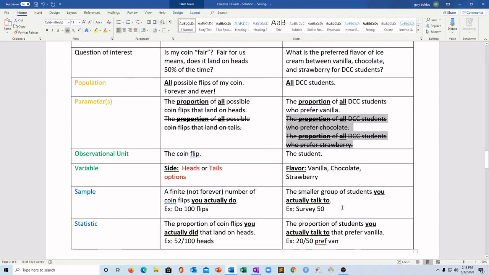So I'm going to cross those out, and then you get your sample, you get your statistic. Of course, if you did the survey, you would have information on the other parameters, and then you can talk about those. But in general, we're going to have one single parameter and one single statistic here. And that's the form we'll usually go with.